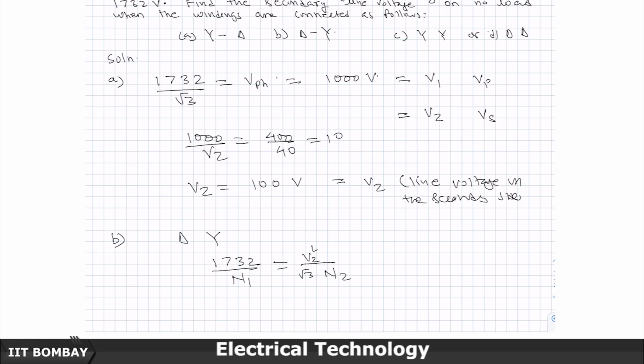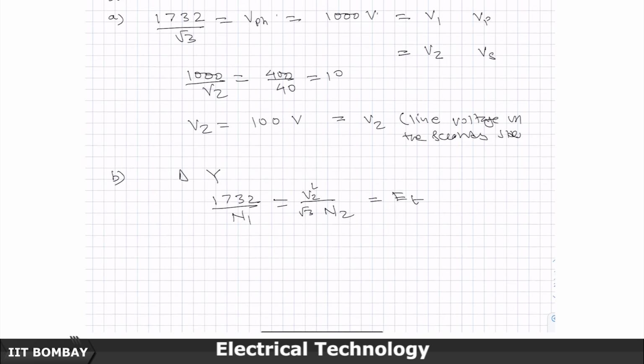So the EMF per turn will be V2 line divided by root 3 N2. Therefore, 1732, I am writing as root 3 into 1000, then I am going to take this root 3 on this side, so I will get another root 3 coming here, and then this N2 I am going to take on this side, N1 will remain below as it is.